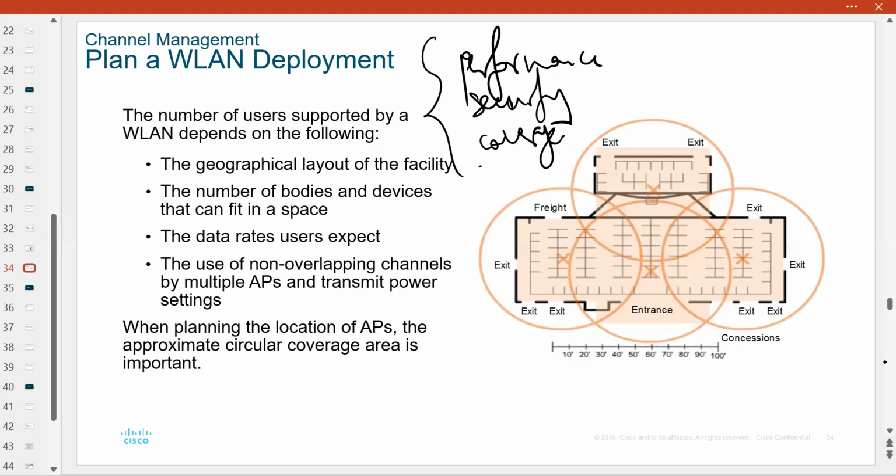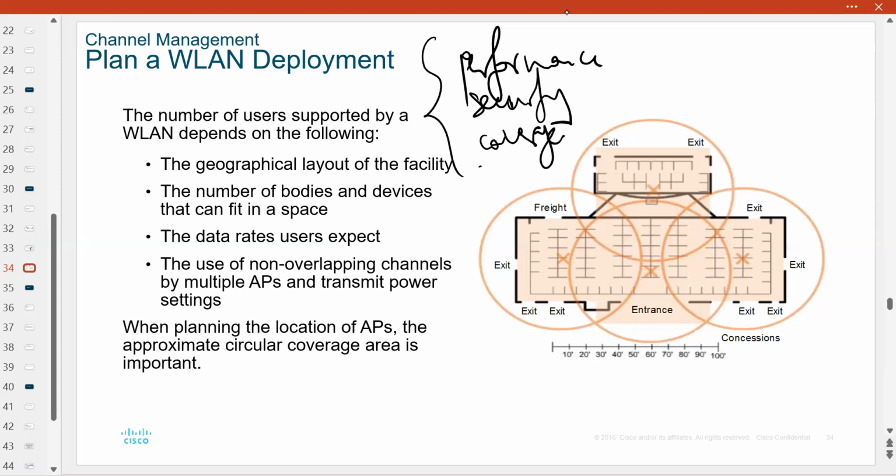If there is a lot of interference, lack of planning when deploying your wireless network, you basically have problems with coverage, you have problems with congestion. So it's very important to have a well-planned wireless LAN network.